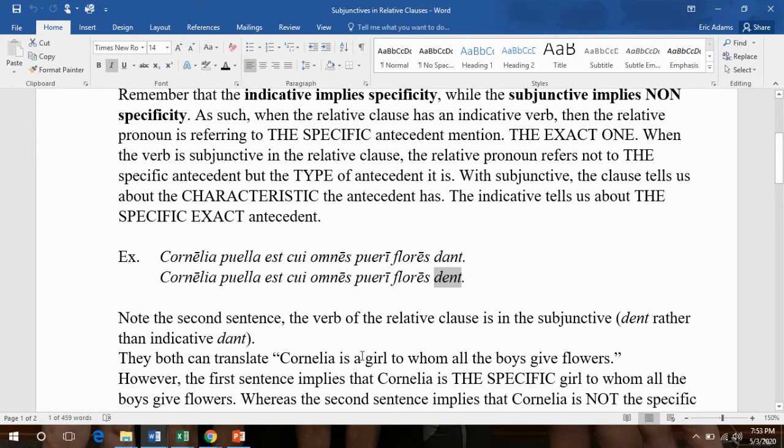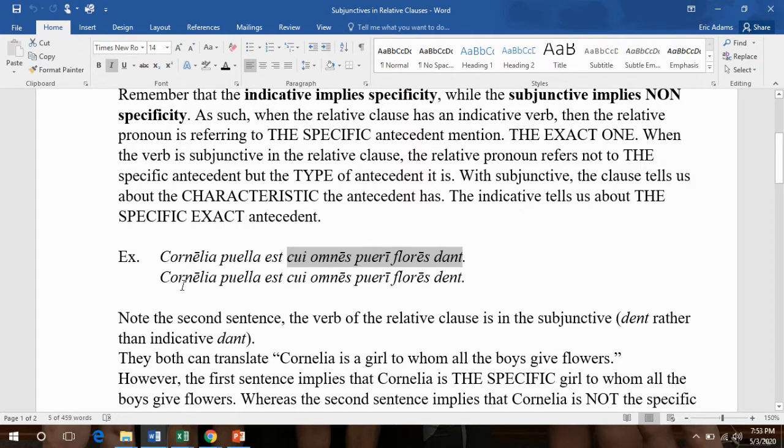The difference is that when you have the indicative verb in the relative clause, then we are saying that Cornelia is the specific girl, indicative means specific, to whom all the boys give flowers. She's the one girl to whom all the boys give the flowers.